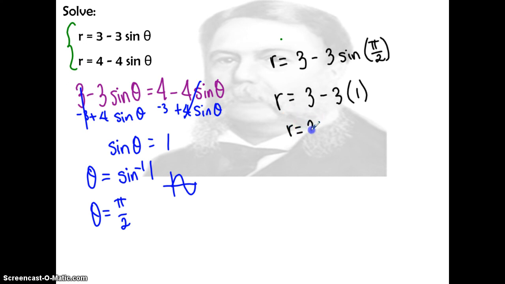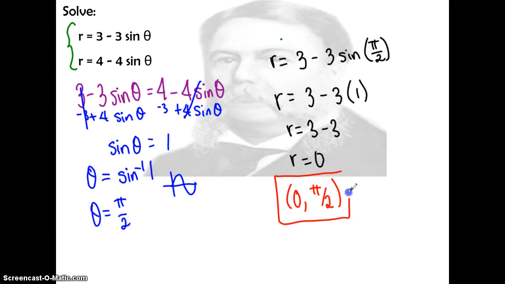So r is 3 minus 3, so my r is 0. Now that I have my r and my theta, I can write the solution as an ordered pair, 0, pi halves. So that's the point of intersection, as I've solved algebraically.